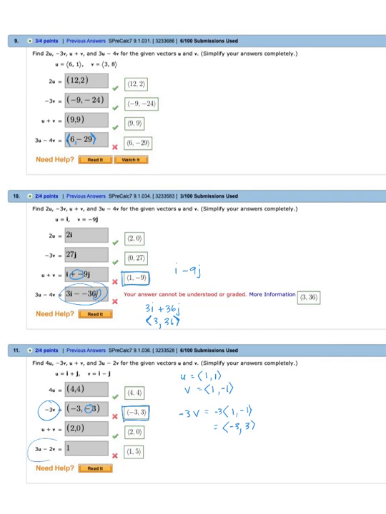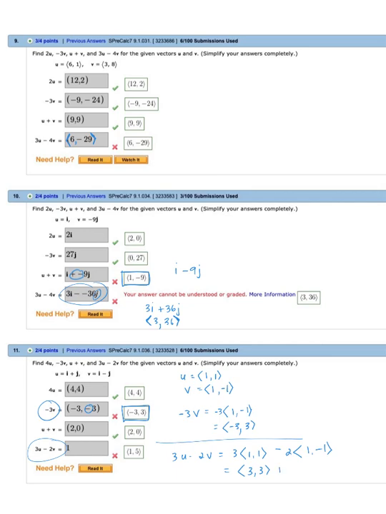Let's see what happened here. Let's see, 3u minus 2v. Okay, so we'd have 3 times u, which is 1, 1, minus 2 times v, which was 1, negative 1. So I'll deal with those. So it'd be distributing that 3, I'd get 3, 3.